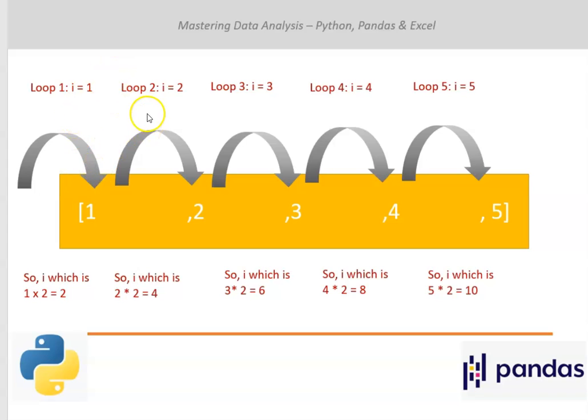Then the second loop Python goes through, i will be 2. So then i, which is 2, into 2 is equal to 4. And then similarly, the third loop will be i is equal to 3, and so i into 2 means 3 into 2 is equal to 6, and so on and so forth.